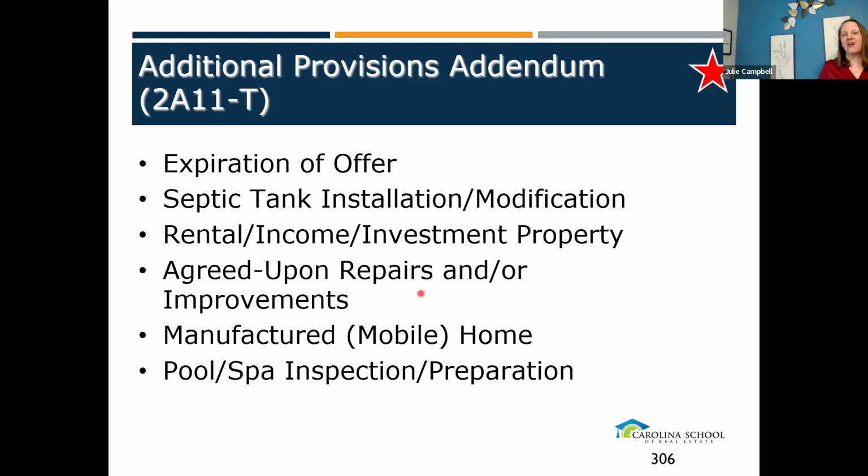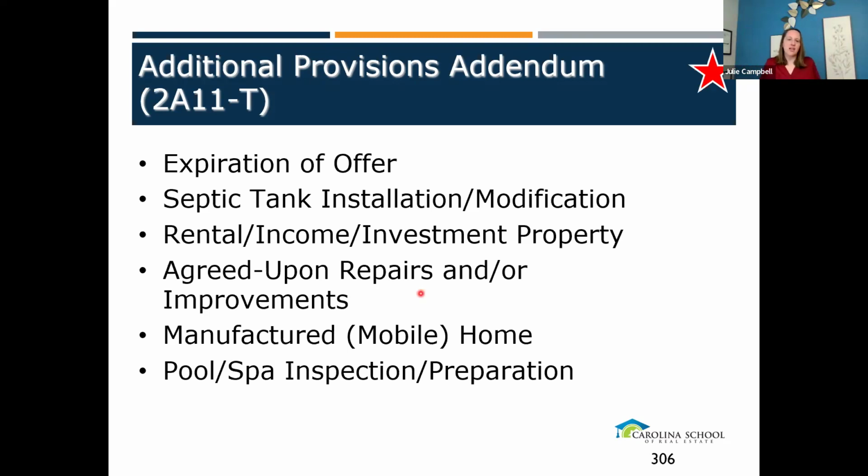If there's an on-site septic system, or if there needs to be an on-site septic system, we have a place in the additional provisions addendum to cover the septic tank installation and modification. The seller will be asked to make sure that area of the property is cleared and available to the inspector by the date of the inspection. Whose cost is that on?